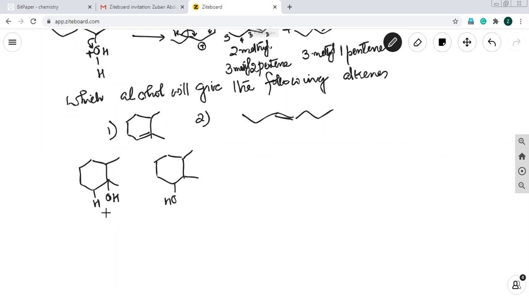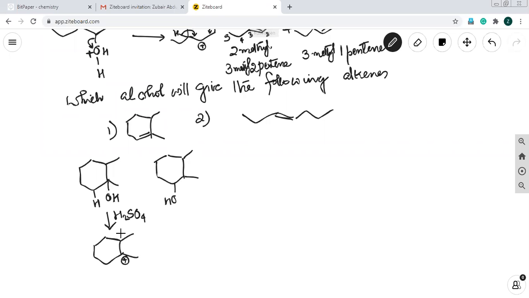Suppose we take this compound and treat it with sulfuric acid, H2SO4. Now what will you get? This will be protonated and you will get this product. Suppose you start with this alcohol, you will get this carbocation, and now you have to form the double bond.